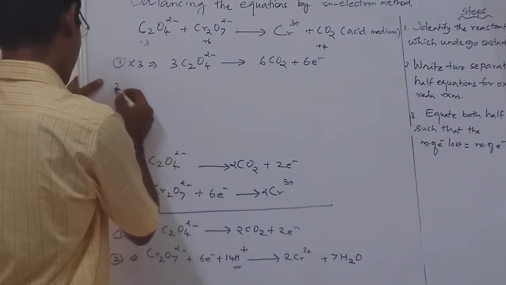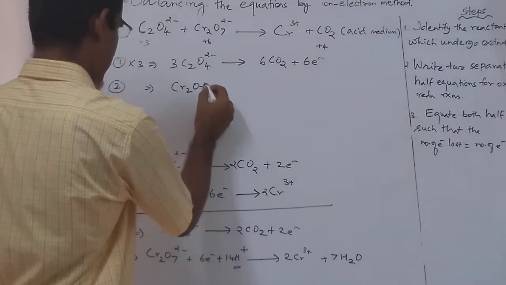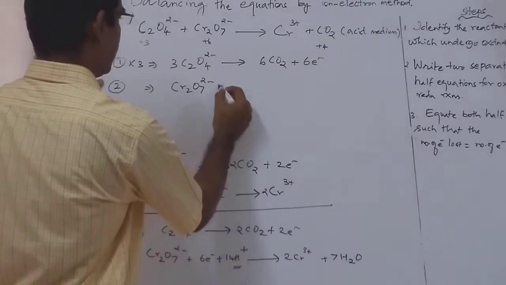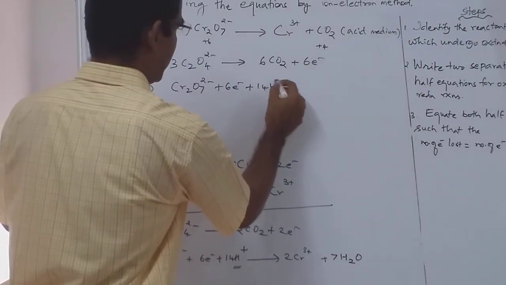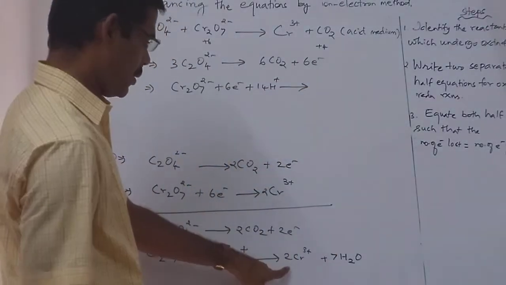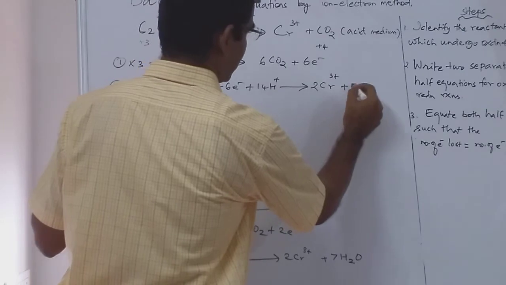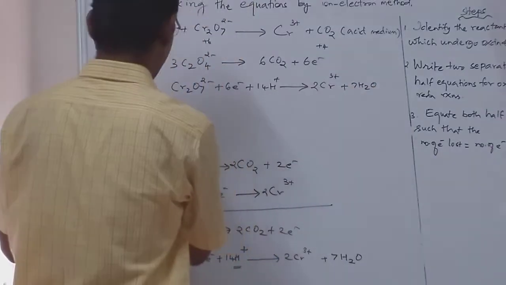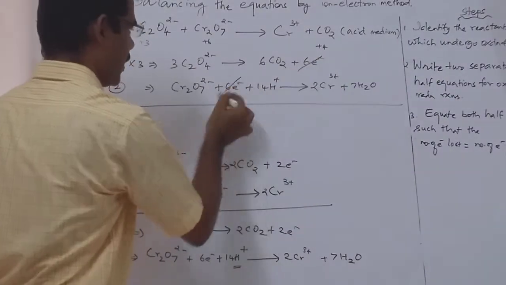Now on the second equation அப்படியே எழுதிடலாம்: Cr2O7 2 minus plus 6 electron plus 14H plus, that will give you, see, 2Cr3 plus 7 water molecule. Now we have to add these two. Now you could see the 6 electron and 6 electron cancel out.